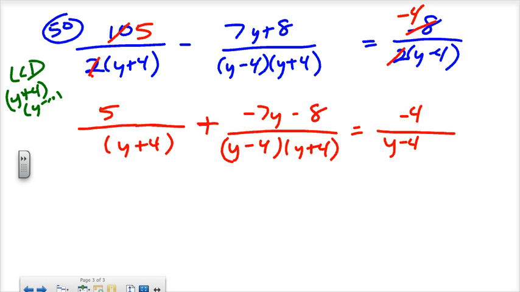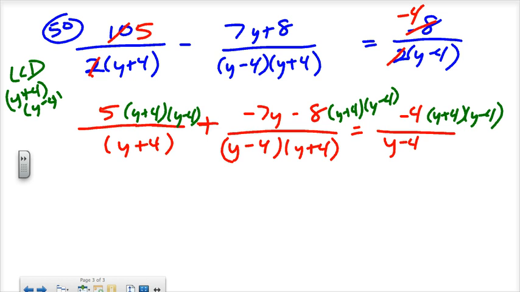All right, LCDs. Y plus 4 times y minus 4. Each and every one of these is going to get y plus 4 and y minus 4.